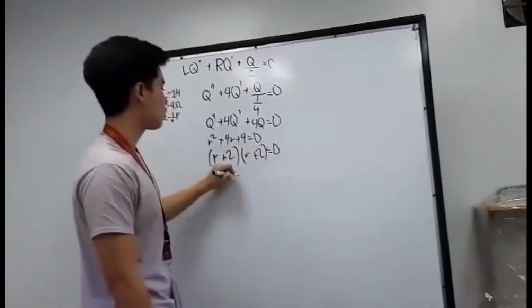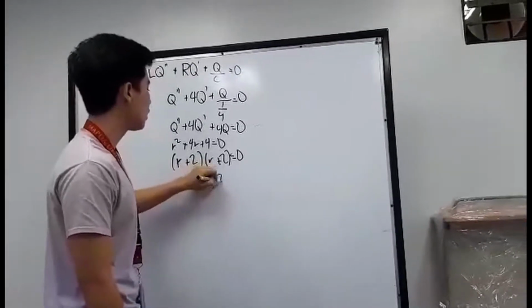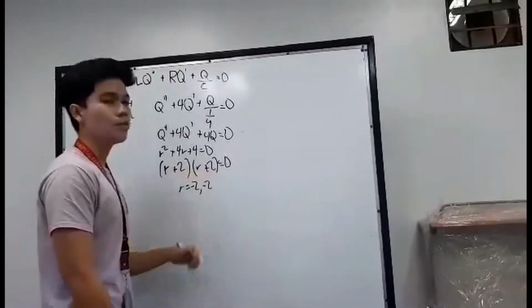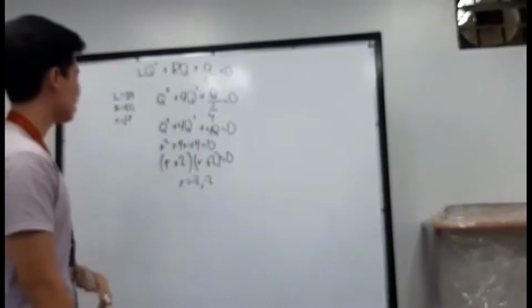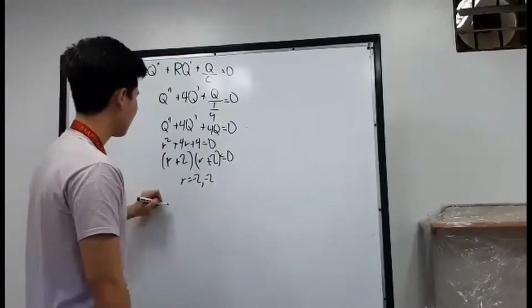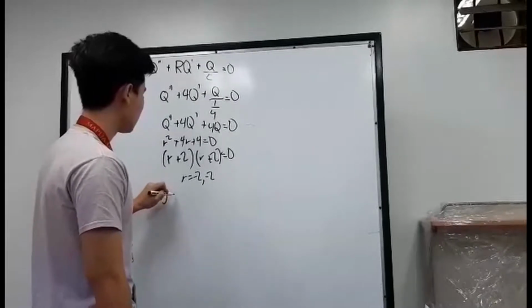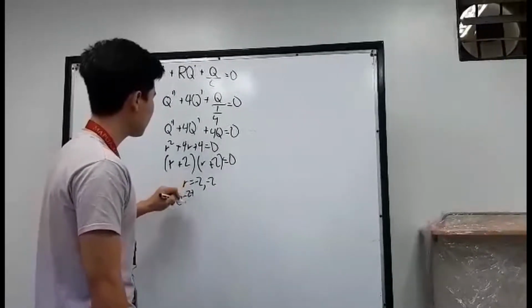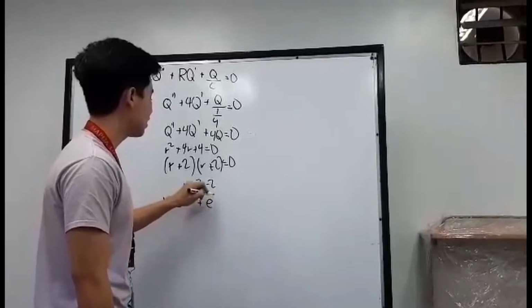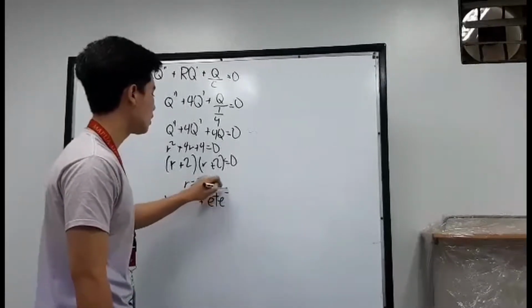So we have the factors negative 2 and negative 2. If we translate it, we will have y equals e raised to negative 2t plus t e raised to negative 2t.